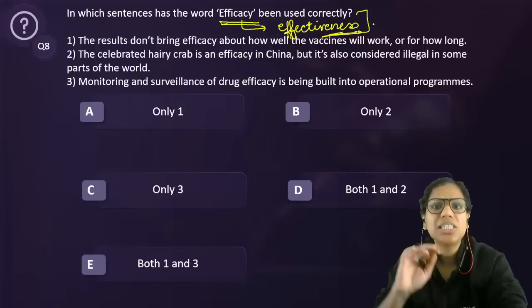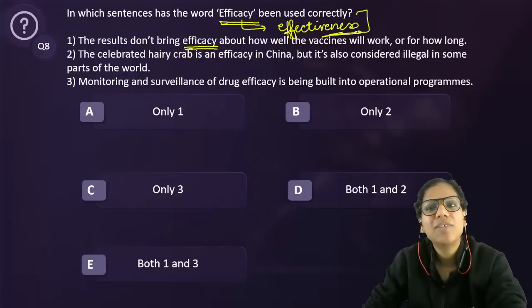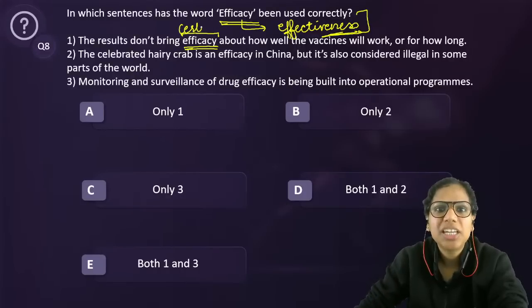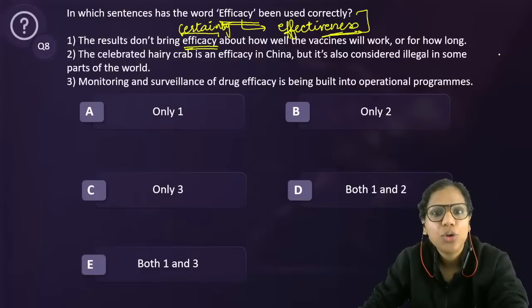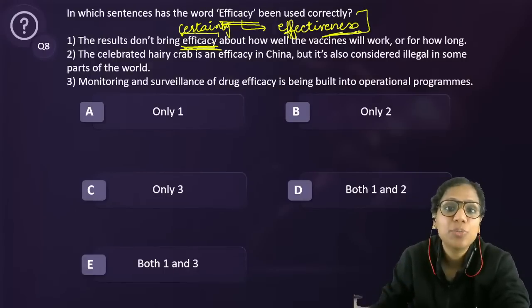Now, the results don't bring any certainty about how well the vaccines will work or for how long. So the results don't bring any such confirmation.